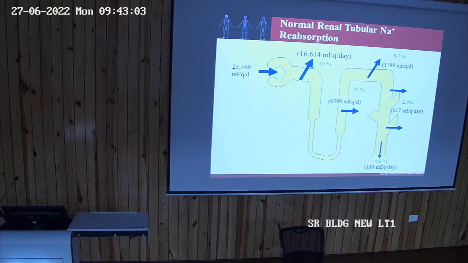It is getting reabsorbed: 65% in the PCT, another 25% in the ascending segment, 5% in the early distal convoluted tubule, and whatever remains gets reabsorbed in the collecting duct. So finally what comes out is 0.6%, that is 150 milliequivalent per day. That is the sodium excretion.